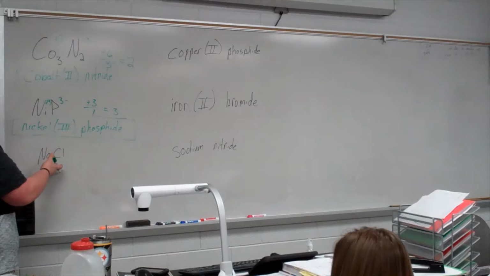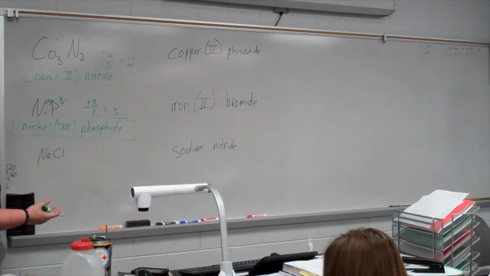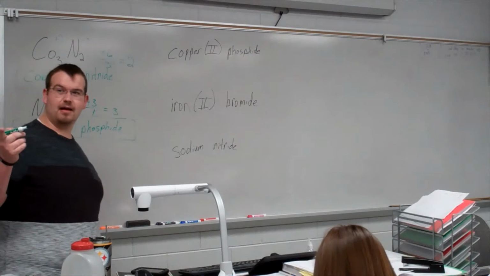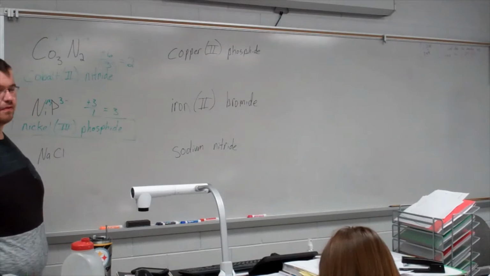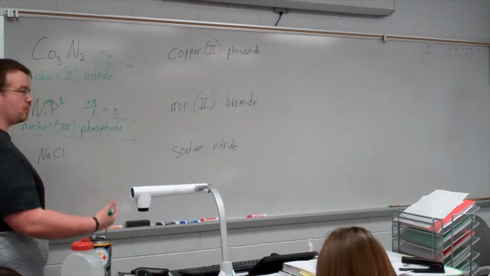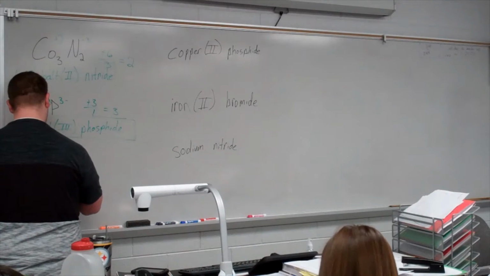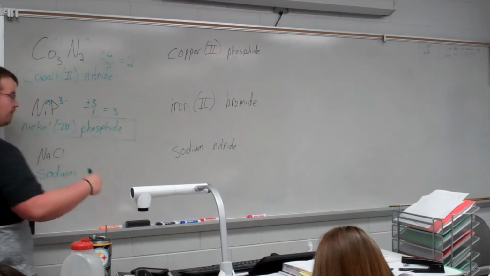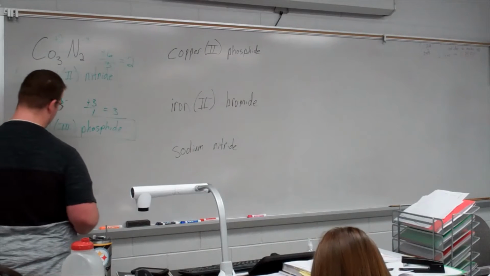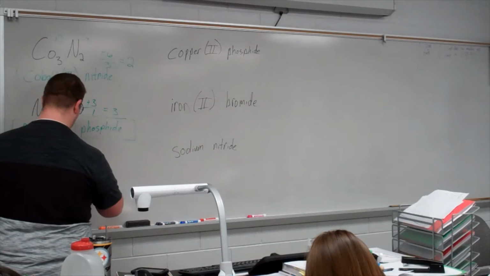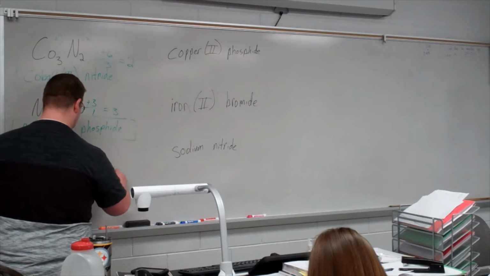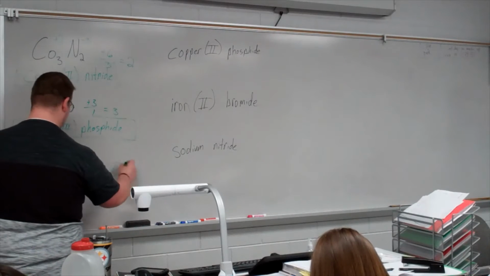Because it's not a D-block cation. It's in the alkali metals, the first column, which means it'll always carry a +1 charge. So you just name the cation, which is named from the element sodium, then chlorine, remove the ending, add IDE, so sodium chloride.